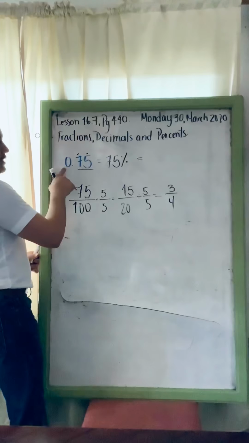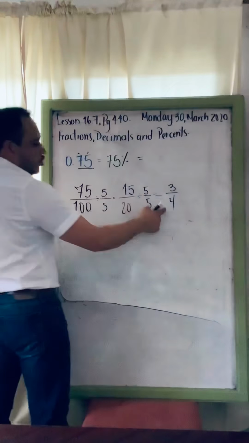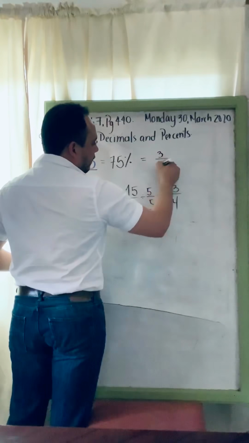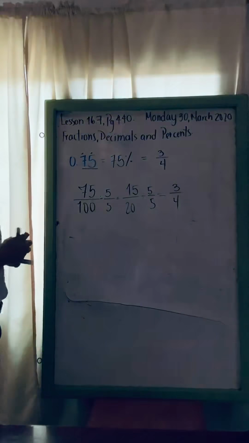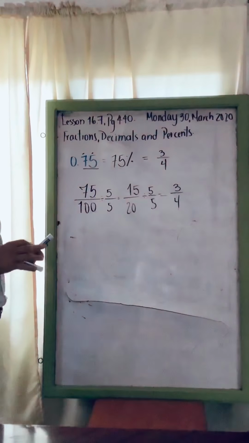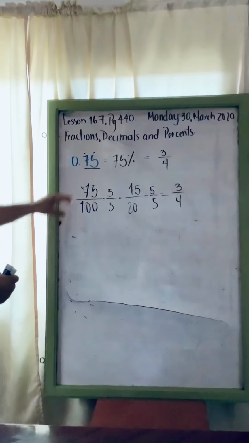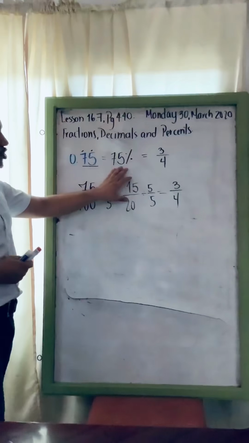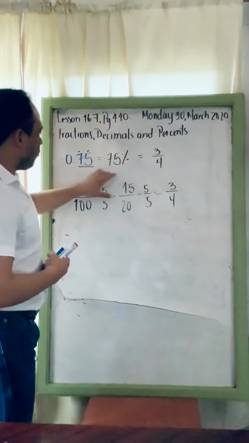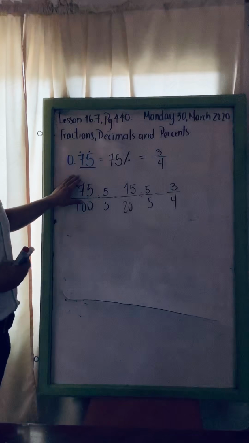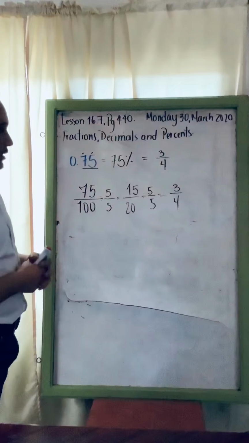So then 0.75 equals 3/4. So now you have the three different ways in which you can write the number: the decimal, the percentage, or the fraction. The three of them are related because they represent the same quantity.